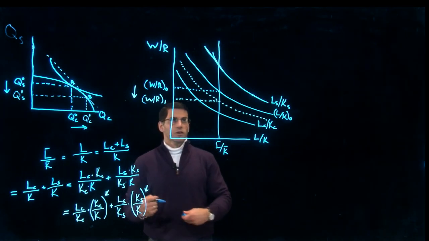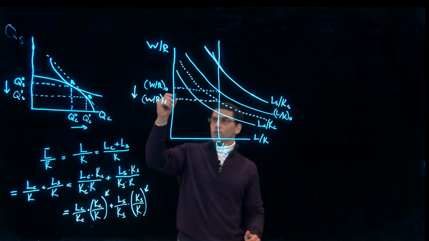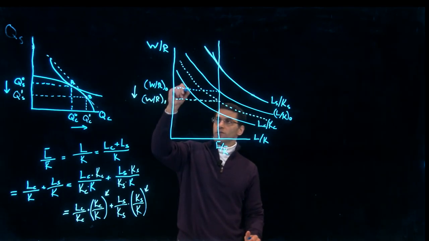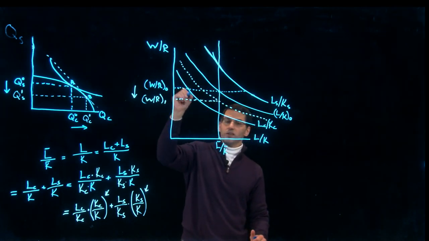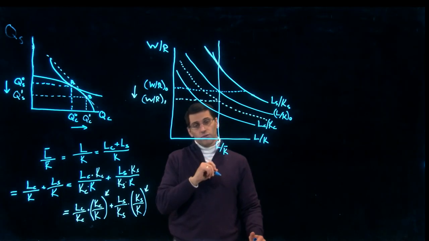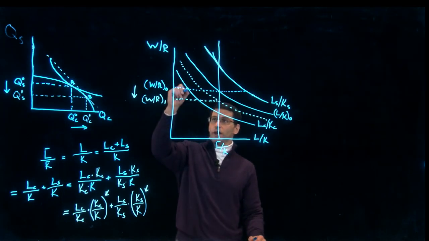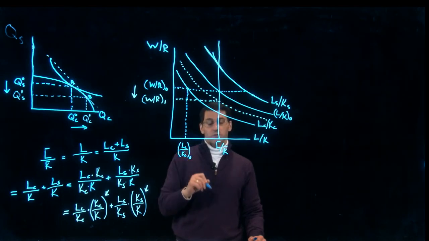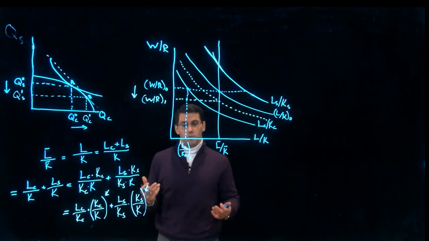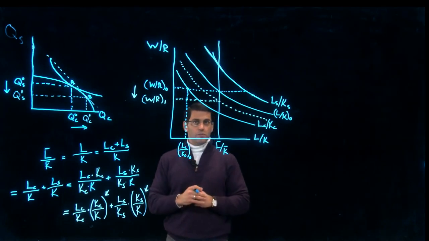Initially, when we had W over R0, you could take that wage to rental rate and see where it intersects the relative demand curve for labor for computers. And that happens at this point here. Well, that tells us that LC over KC0, which is the relative employment of labor in computers, is initially here.